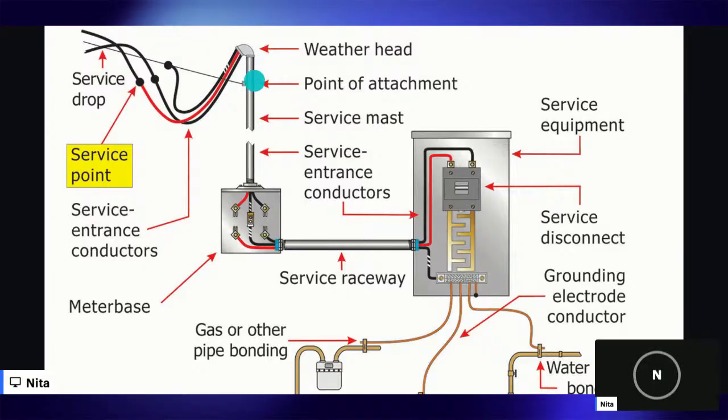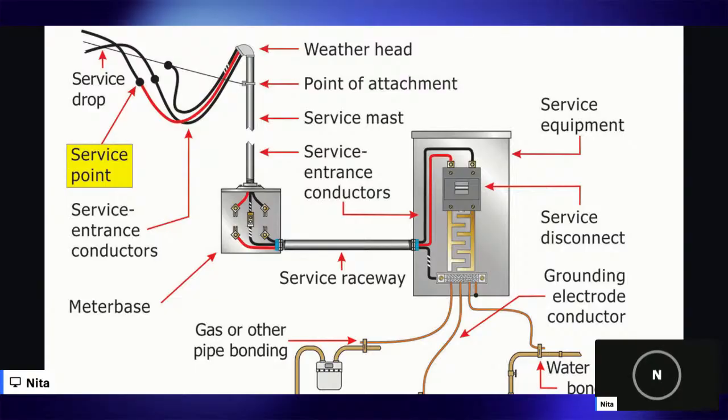From there, our service entrance conductors enter the meter base. The meter base holds the electric meter. This is, of course, how the utility company measures how much electricity we're using. The meter base is either a round, square, or rectangular box that holds your actual electrical meter.